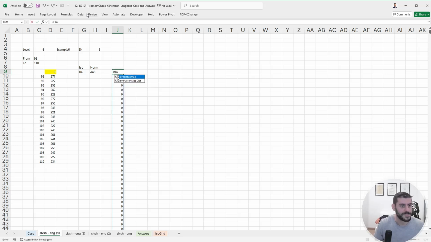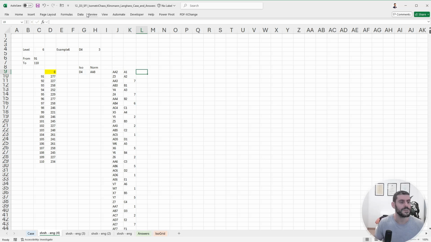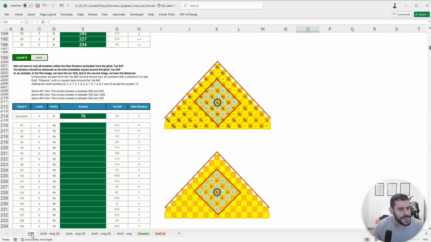Maybe let's flatten distance. So grid 1. Okay. Want to calculate the distance from. Is this with diagonals or what? So this is distance 1. No, without diagonals.